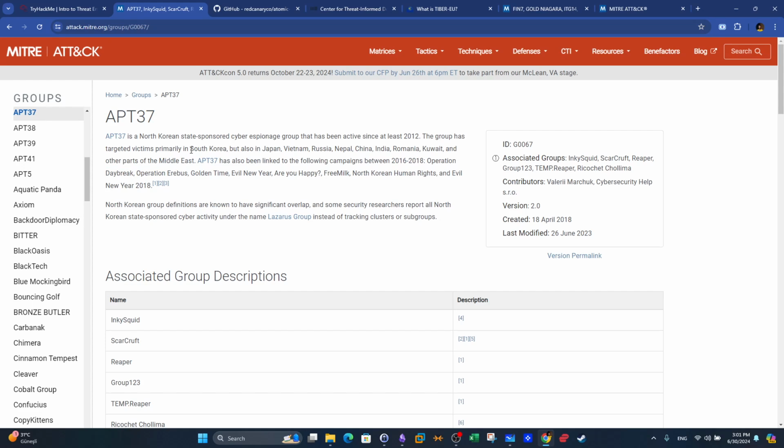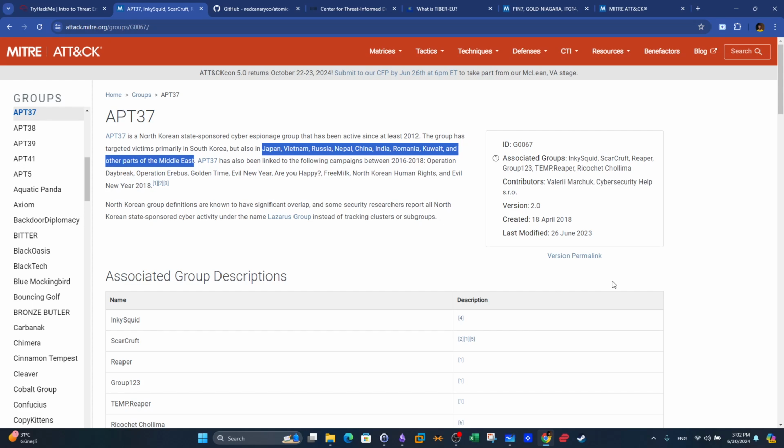Here, choosing APT37 as a primary guideline in your threat emulation might be irrelevant, because this group targets companies or maybe individuals or entities located inside the borders of these countries. Okay, so that's what we mean by defining the objective.